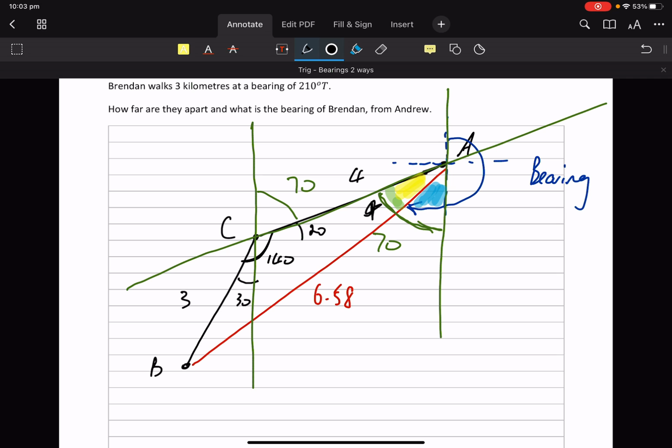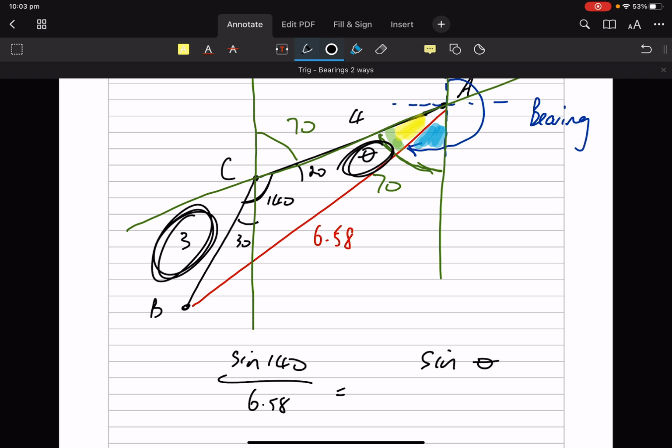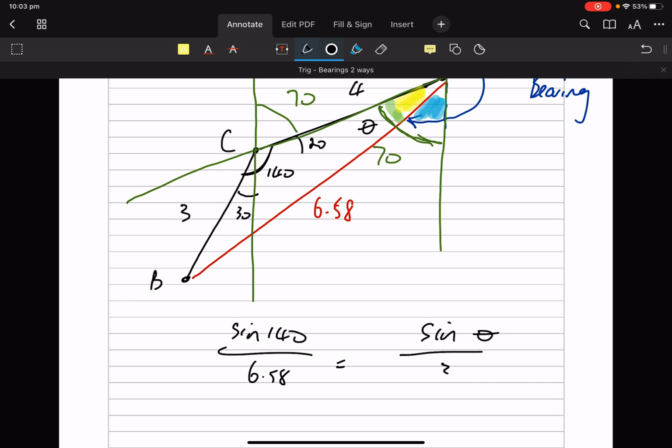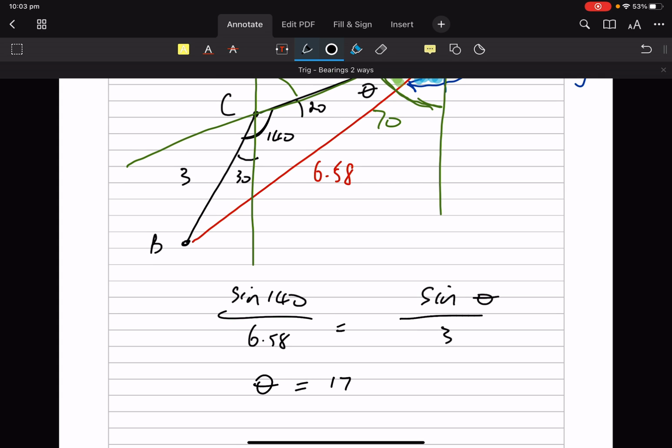So here we go. We're trying to find, let's call it theta. You can see how messy that diagram is, which is why this is fraught with danger, which is usually why you do the component way to get a bearing. But anyway, 6.58 and an angle opposite, we're looking at the sine rule. So sine 140 on 6.58 is going to be sine theta, that angle, over the side opposite, over 3, and you're going to use your calculator, and you're going to get theta is 17.04.